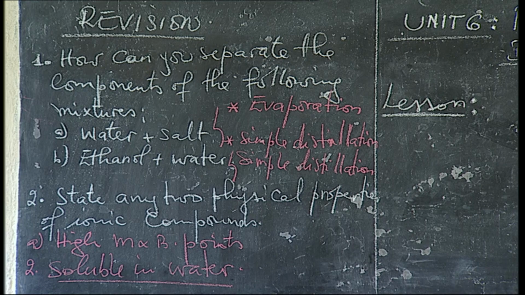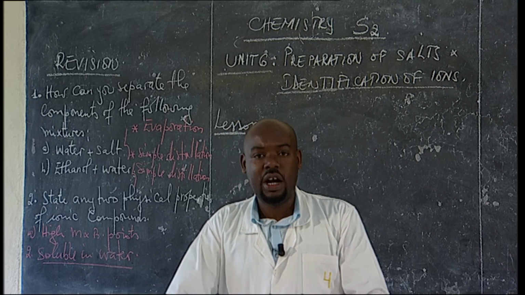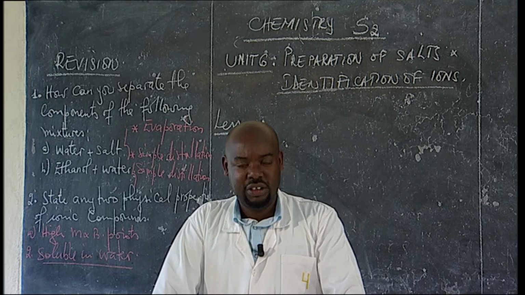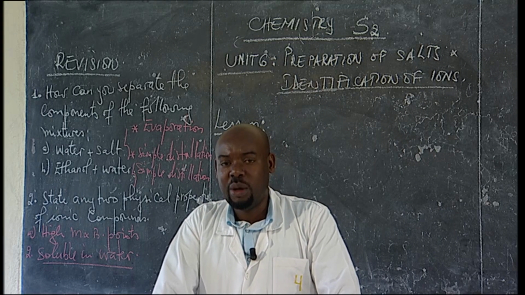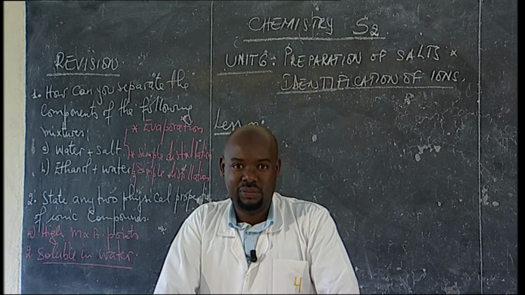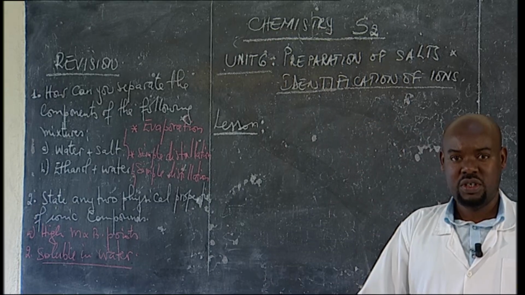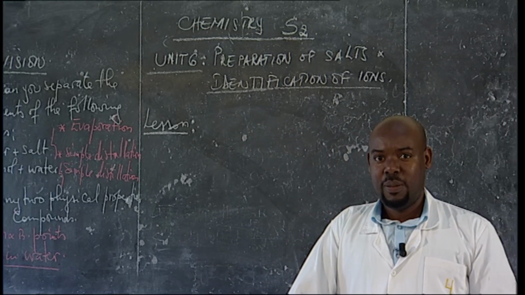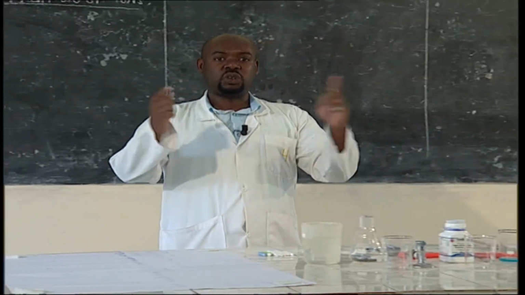And today's unit, the unit we are starting today, is the preparation of salts. Before we go any further, can anyone suggest a definition of a salt? Try to think about what a salt is. What is a salt? We know the common salt, the table salt we use in the kitchen. But here we are saying preparation of salts.